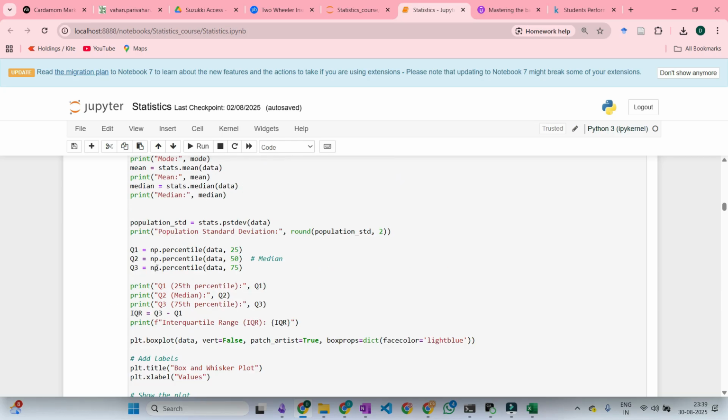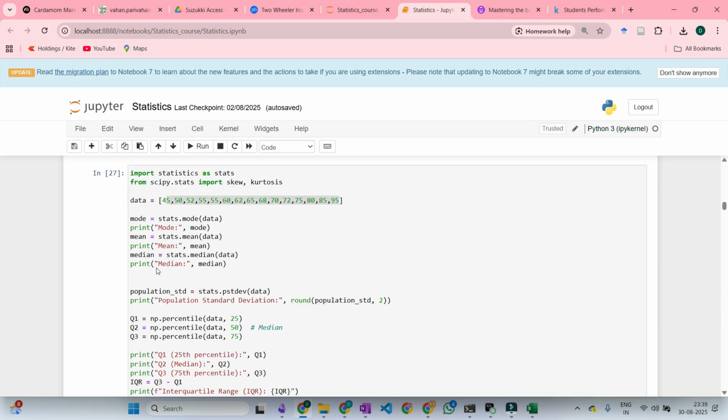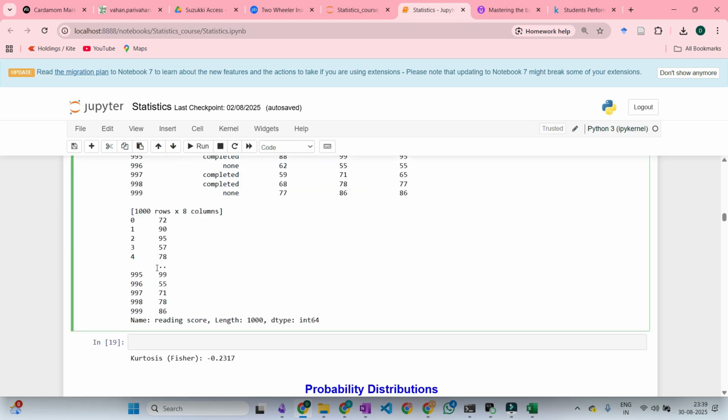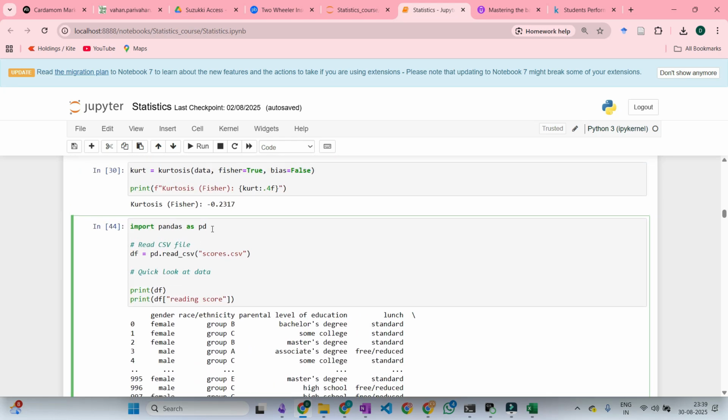I am using this Python code, right? So we are going to some practical example.